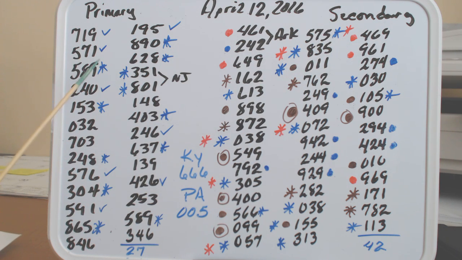Now, as we go to the primary numbers, the blue asterisk are your strongest primary numbers. After that, you have your check marks, which would be the least, in my opinion.